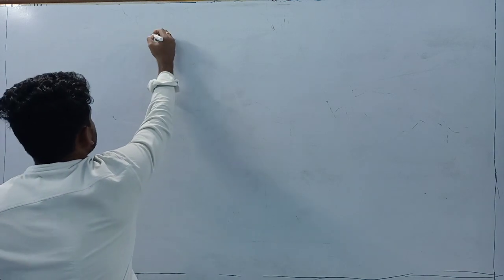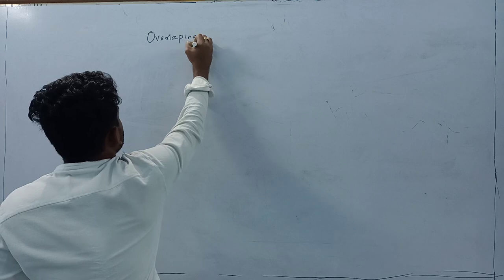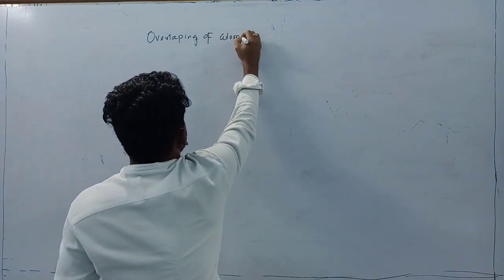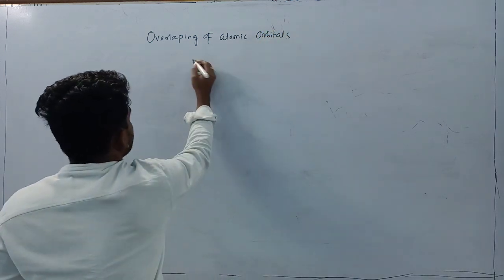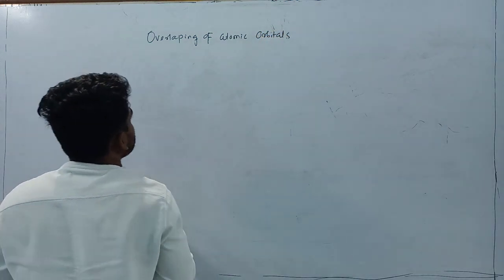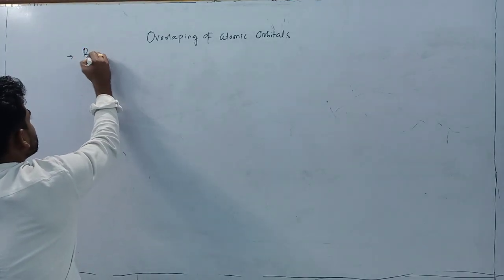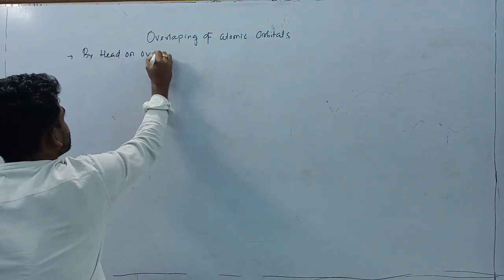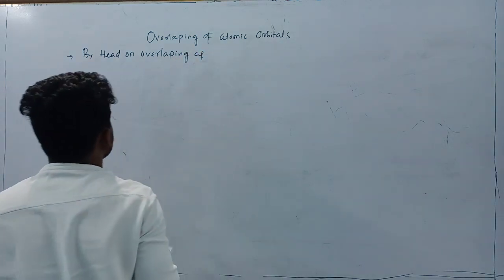One was overlapping of atomic orbitals. It occurs mainly in two ways. The first category is head-on overlapping of half-filled atomic orbitals.